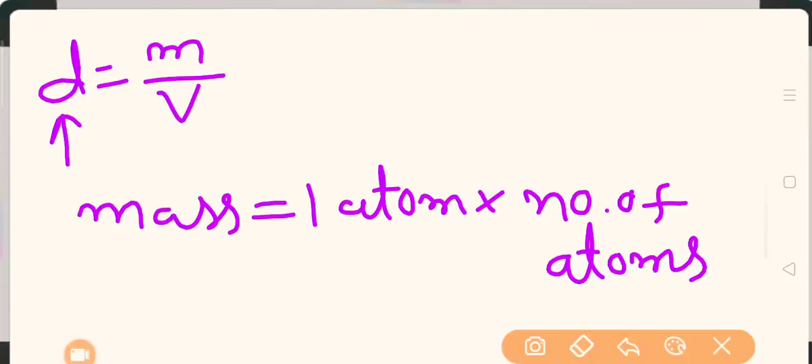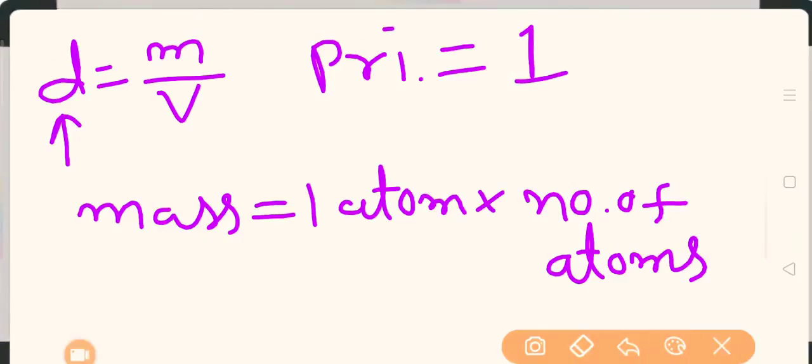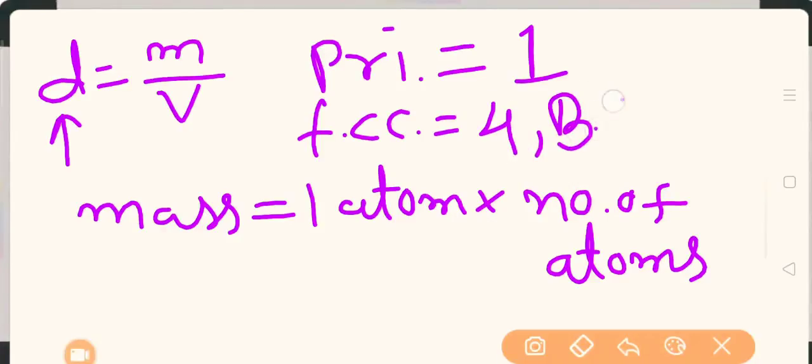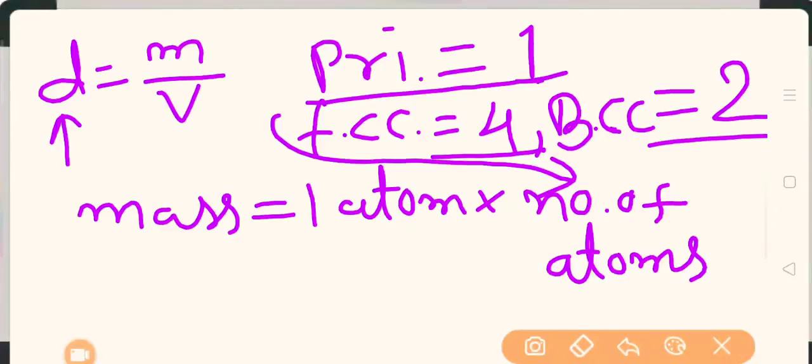A primitive unit cell contains only one atom. In an FCC unit cell we have 4 atoms, and in a BCC unit cell we have 2 atoms per unit cell. So for a primitive unit cell we use 1 as the number of atoms, for FCC we use 4, and for BCC we use 2.